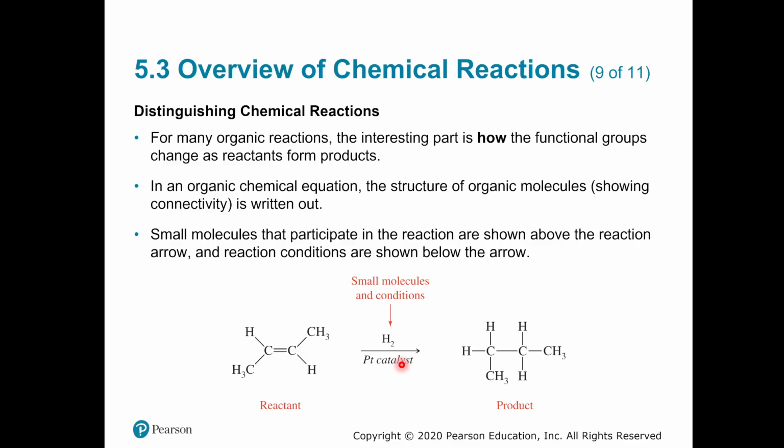Does the catalyst get used up? No. That's why it's a catalyst, right? Does this hydrogen here get used up? Yes. That's actually one of the reactants. It's just a small molecule. Yep. We're actually adding it right here.